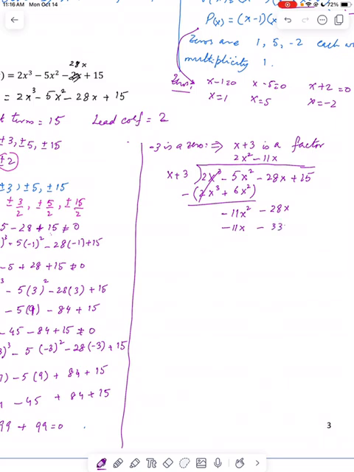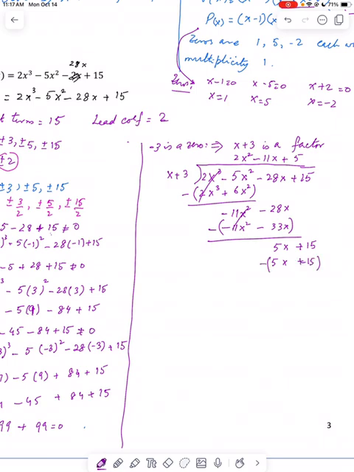So negative 11x squared plus 11x squared will cancel out, and then I have negative 28x plus 33x, which means we have 5x left, and then plus 15. So this gives me, put plus 5 up there, get a 0.